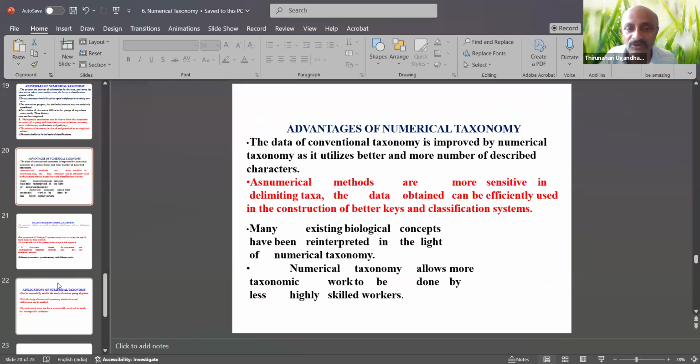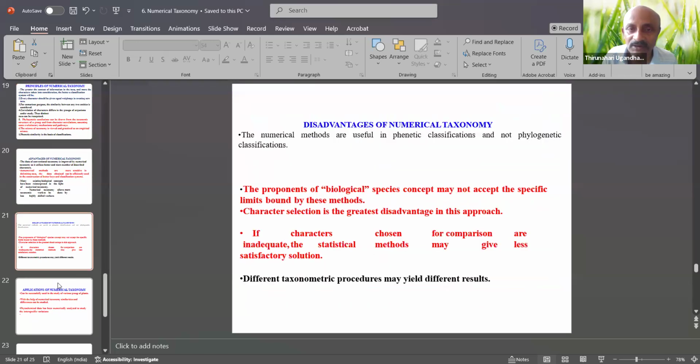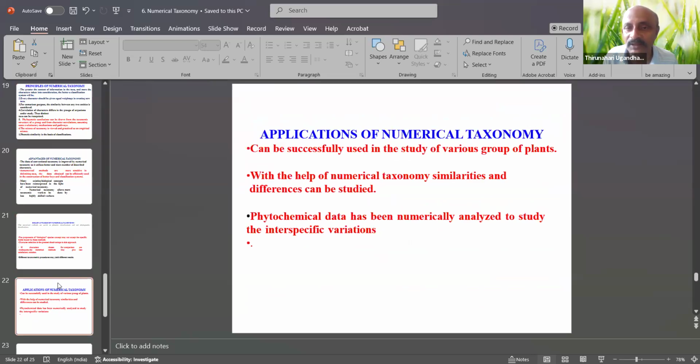So you know these are the advantages, and also the disadvantages. The major application of taxonomy can be successfully used to study various groups of the plants.